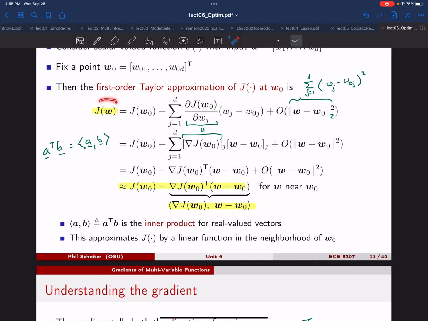I want to say the function at point W is approximately equal to the function at the reference plus the gradient transpose the difference, W minus W naught.